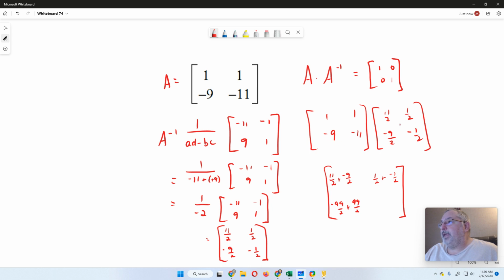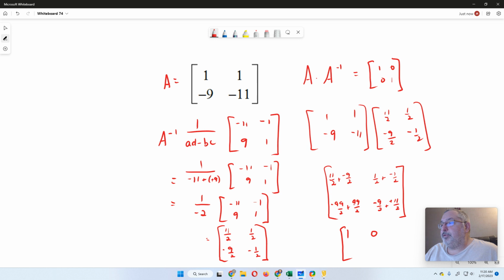And then second row, second column, we got negative 9 halves times 1 half is negative 9 halves, plus negative 11 times negative 1 half, which is positive 11 over 2. And if we work this out, 11 halves plus negative 9 halves is 2 over 2, which is 1. 1 half plus negative 1 half is 0.